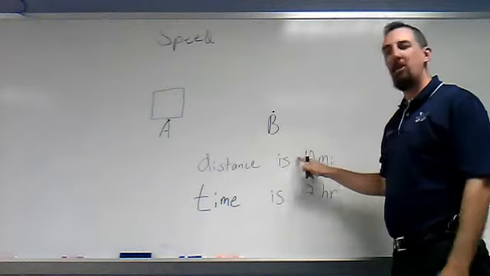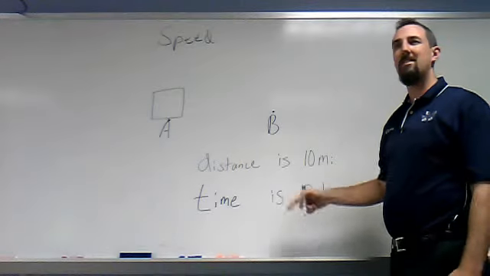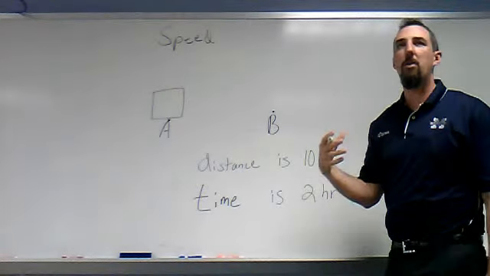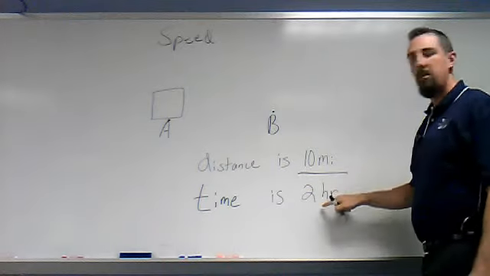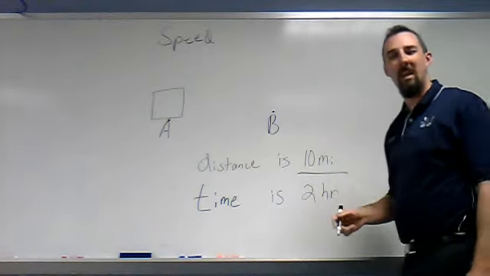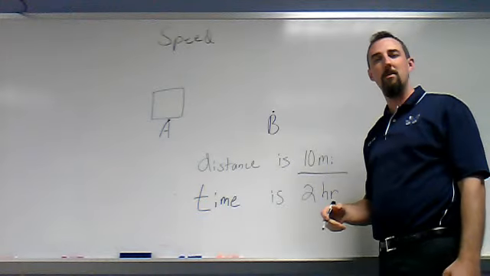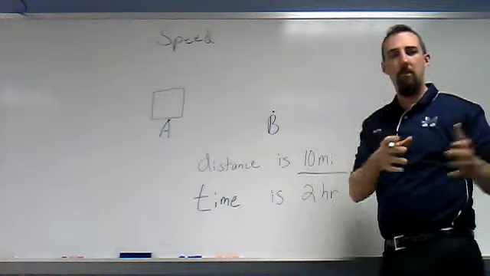But we usually don't say, I traveled 10 miles in 2 hours. We usually say something like, I was going 10 miles per hour. Well, per sounds like division. So 10 miles per 2 hours. You never say, I'm traveling 10 miles per 2 hours. You would say I'm traveling so many miles per hour.